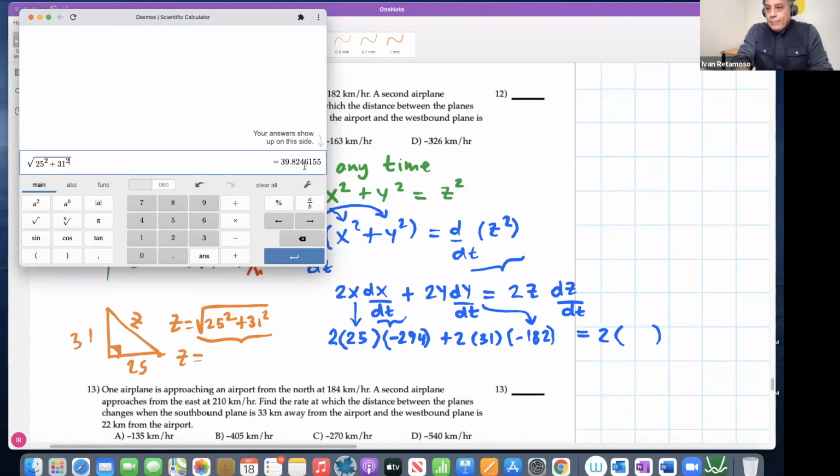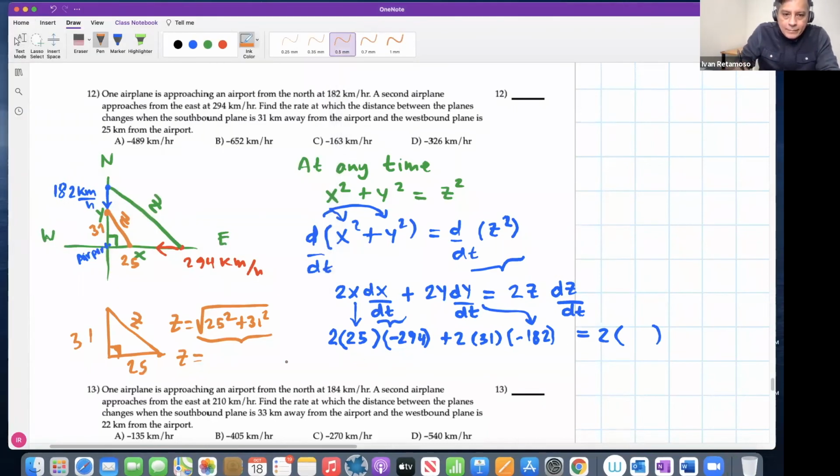39.82. Since I want to play safe, I could take 3 decimal places, but 2 probably would be enough. Let's see what happens if we take just 2. 39.82. This is measured in kilometers.